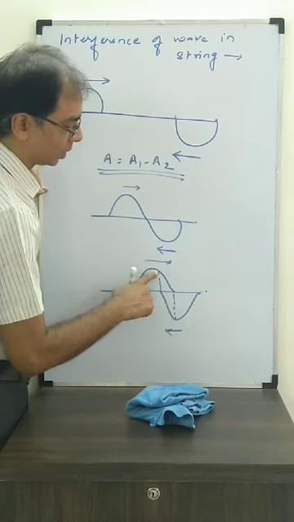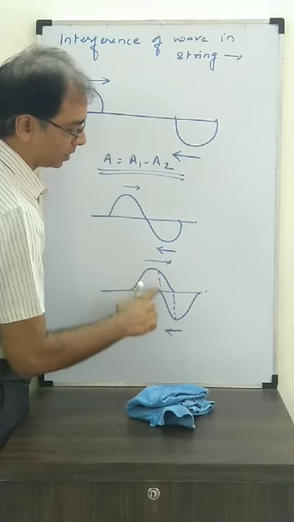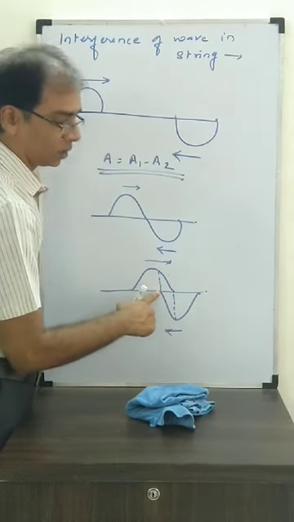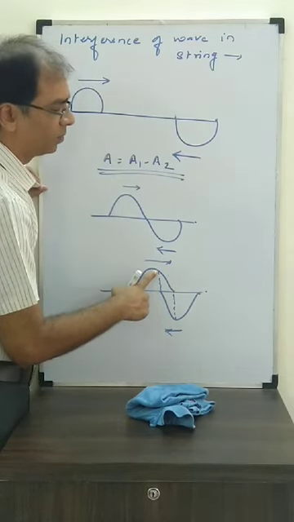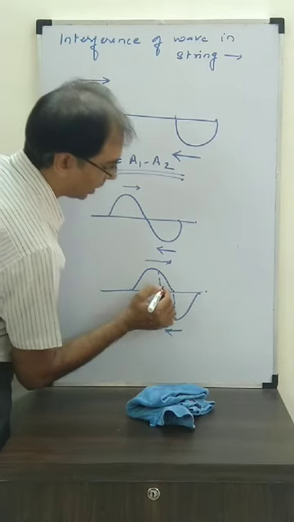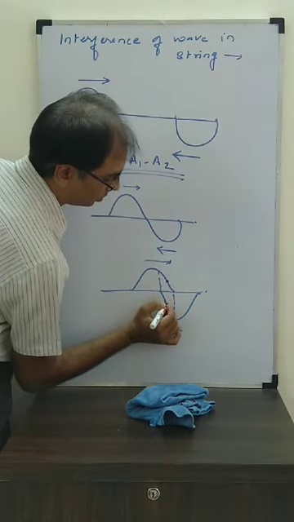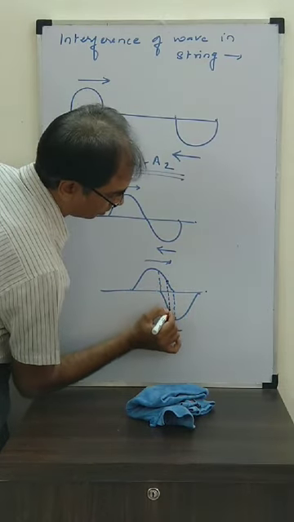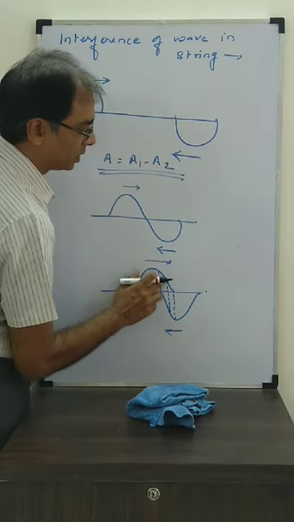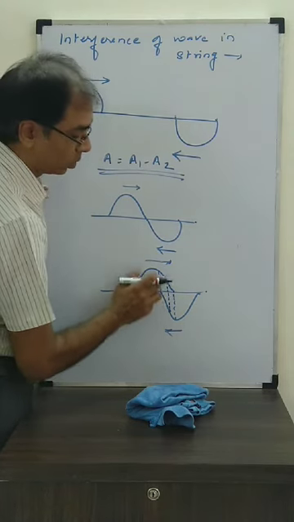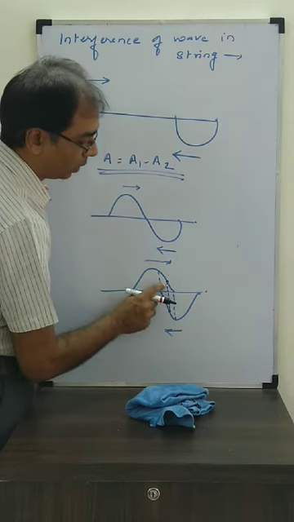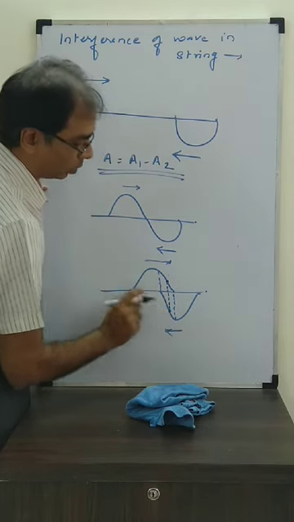Now let's see at this point. This point, its displacement, plus the displacement here, which is 0. So there is no change in the shape of the wave at this point. But check here. Now see, is this more displacement or this more displacement? This is more. So when you are doing A1 minus A2, it will be in the downward direction only.